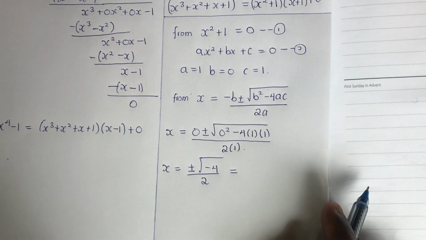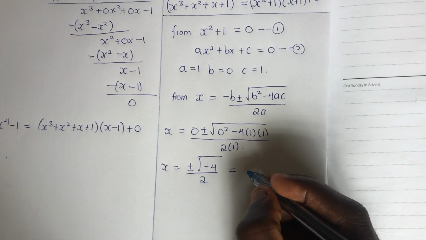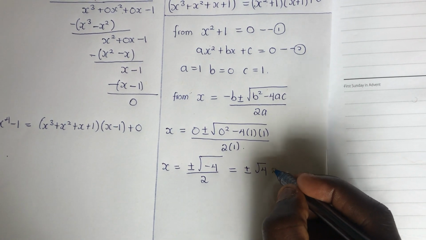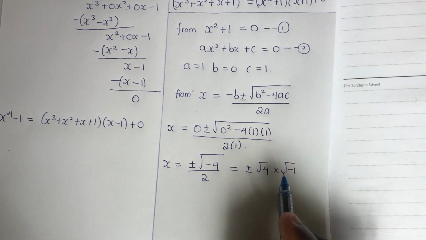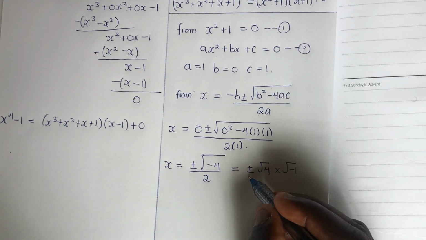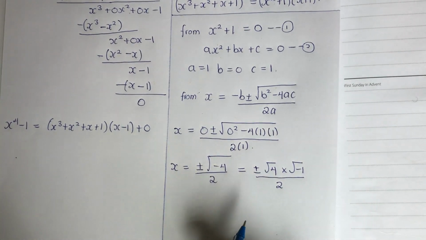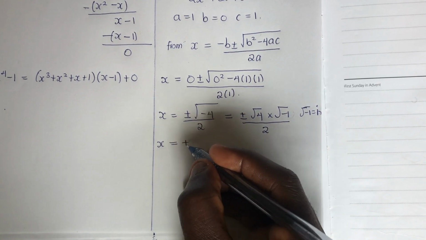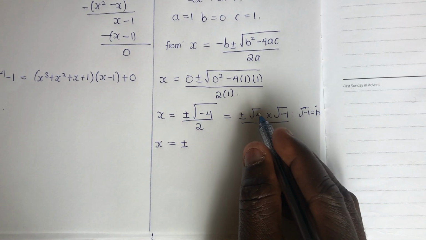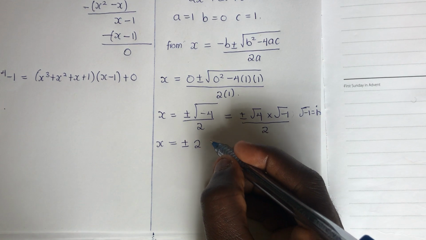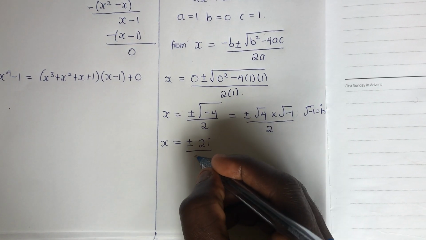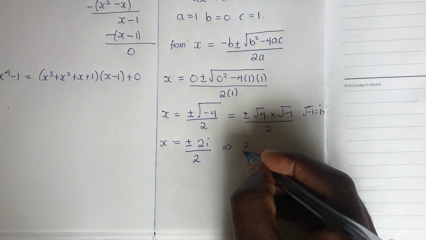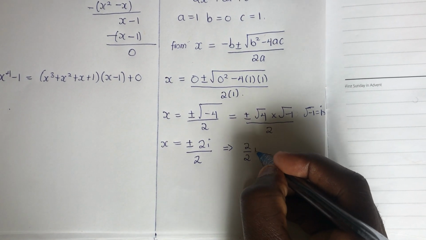And this is giving us plus or minus root of 4 times root of negative 1. Note that this time this will give us root of 4, all divided by 2. Now so we have x is equal to plus or minus root of 4 will give us 2i, all divided by 2. And this is giving us 2 over 2i.